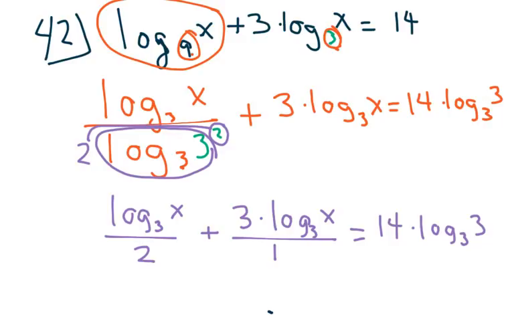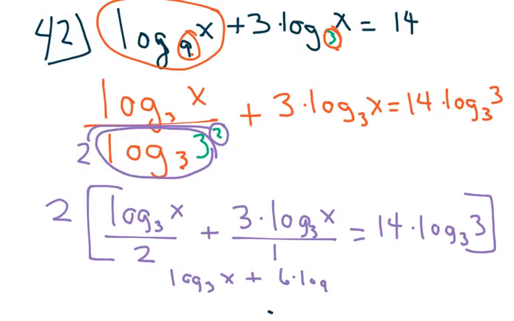Now from here, I'm going to multiply everything through by 2 to get rid of this fraction. So this will yield log base 3 of x plus 6 times log base 3 of x equals, 14 times 2 is what? 28. So 28 times log base 3 of 3.